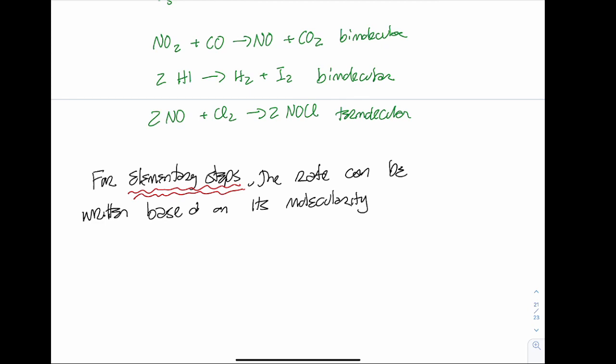So for elementary steps, the rate can be written based on its molecularity. Cannot do this for the overall reaction.